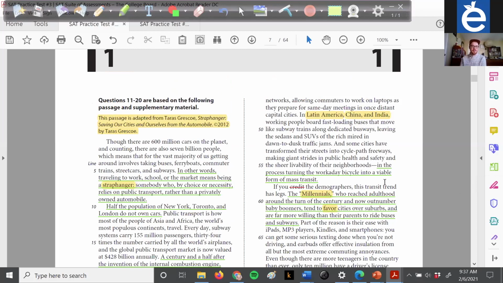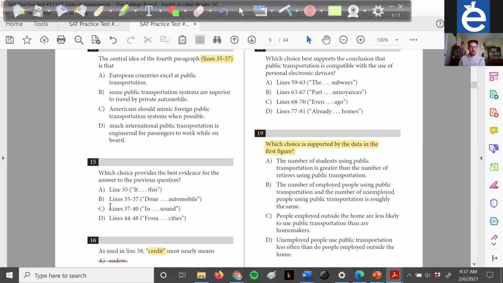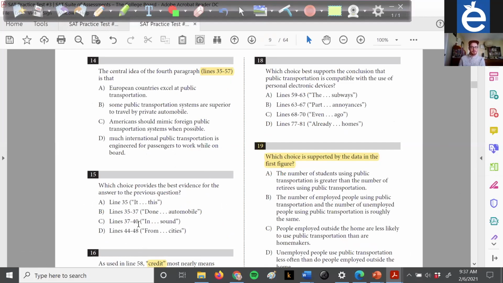So this paragraph is just basically saying it can be done. Which do I feel actually sums up the main point of the 4th paragraph? Let's do number 15 first. Well, it's the one that we've highlighted already.